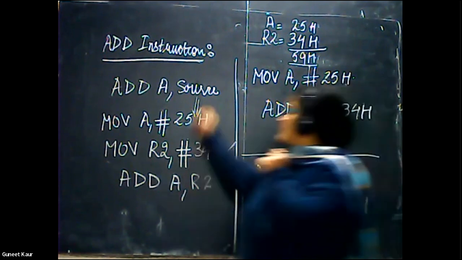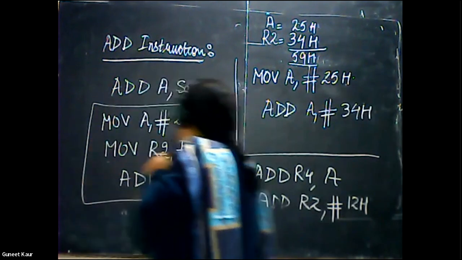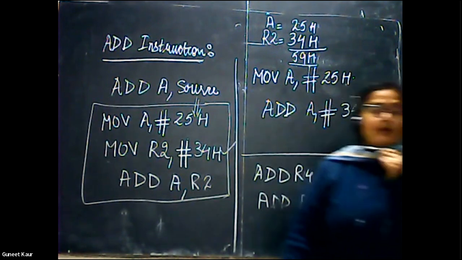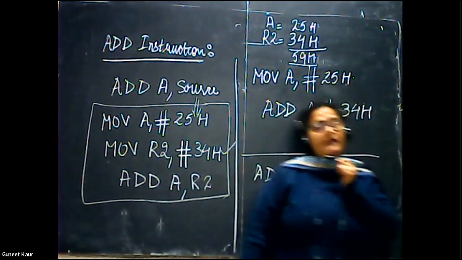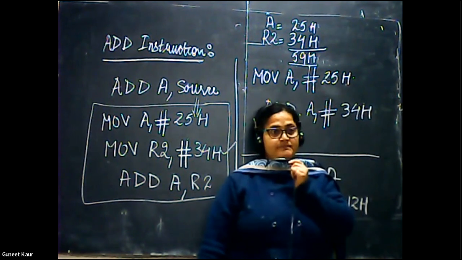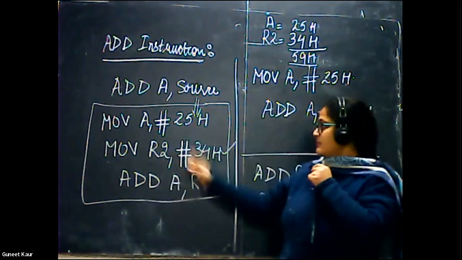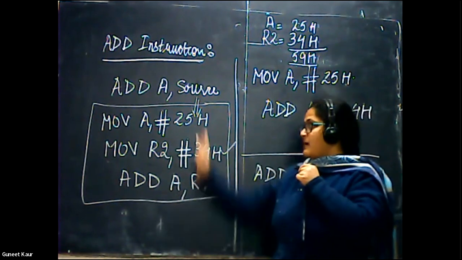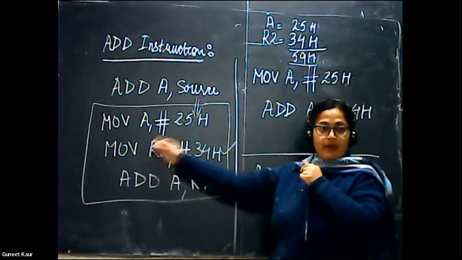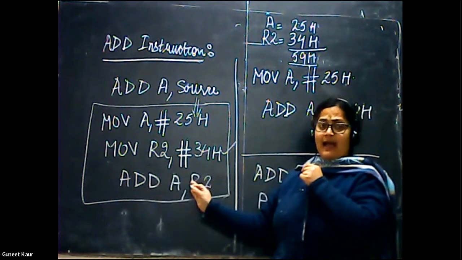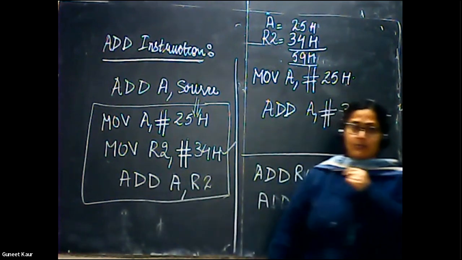Now this is a program to add two 8-bit numbers. As you know, 8051 is an 8-bit microcontroller. Firstly, I move the first number into the accumulator, the second into R2. Then I have written the command ADD A comma R2.